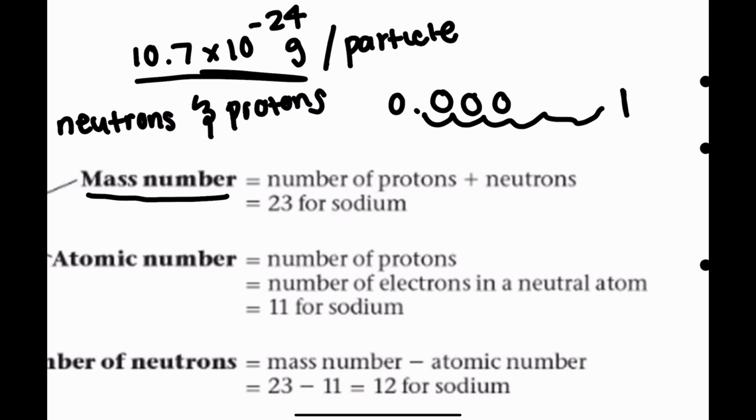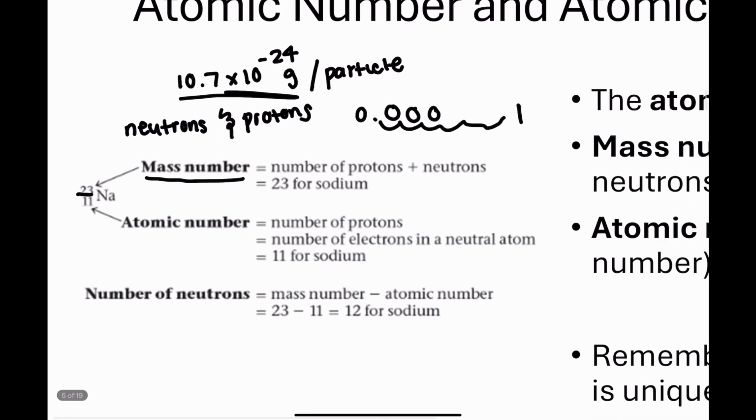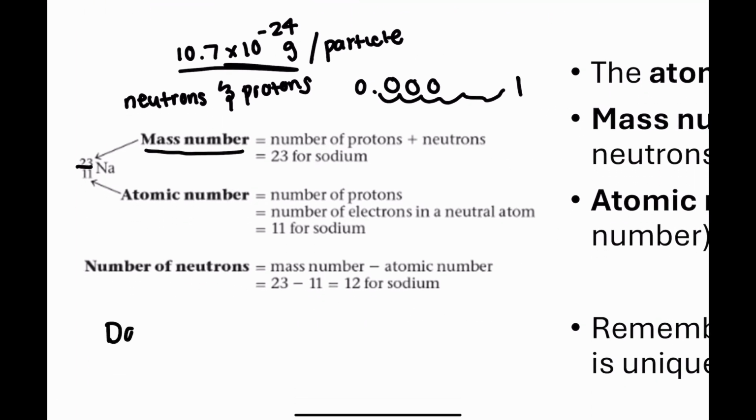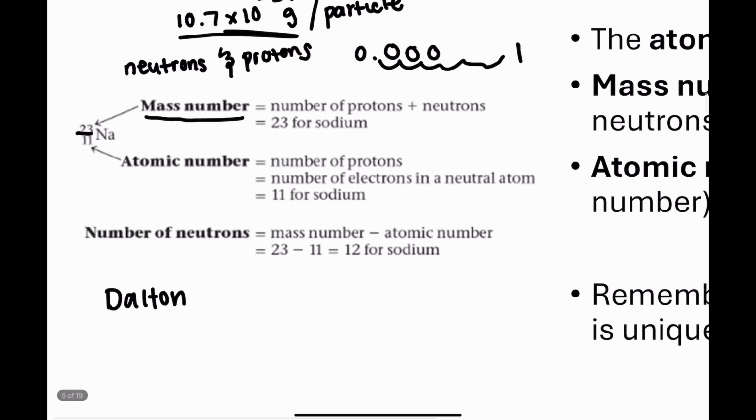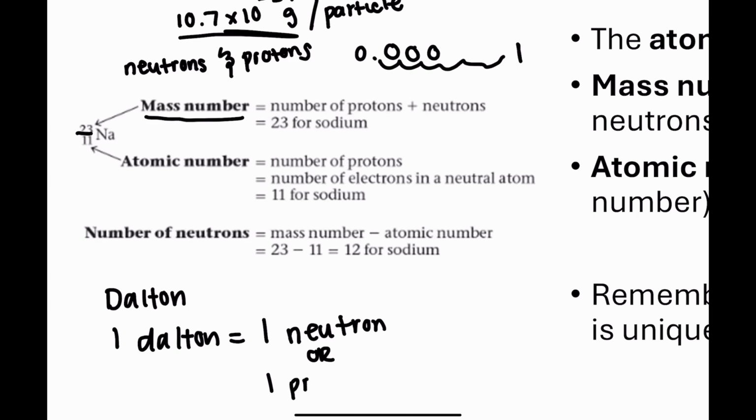Because of this, the unit that we use to define the weight of an atom is referred to as a Dalton. And the relationship of a Dalton to a proton or neutron is this: 1 Dalton is equal to 1 neutron or 1 proton, since they are so close in weight.